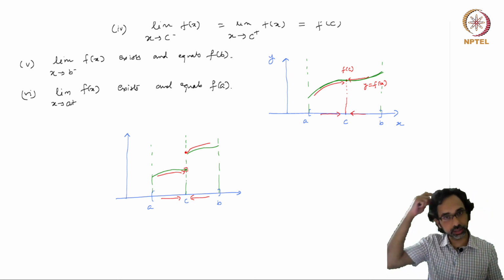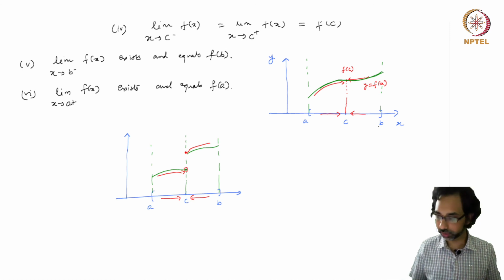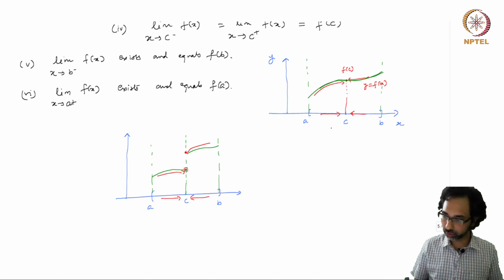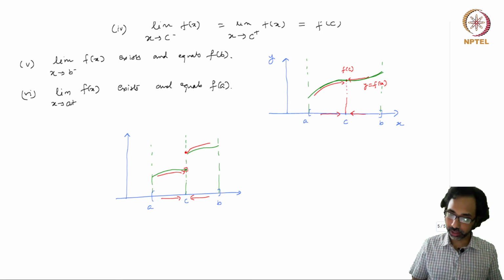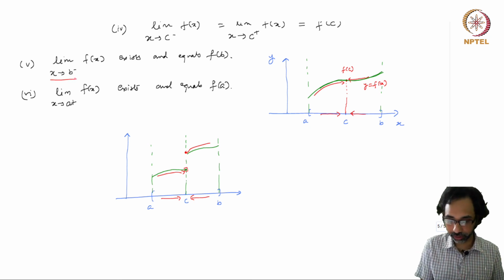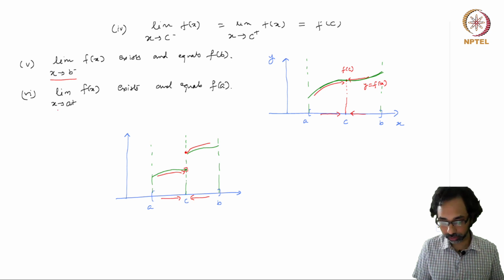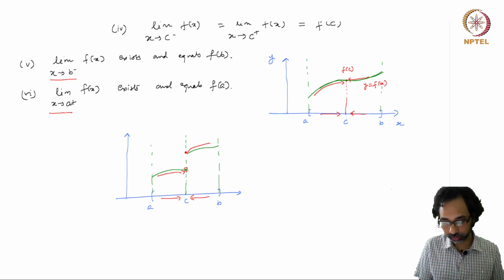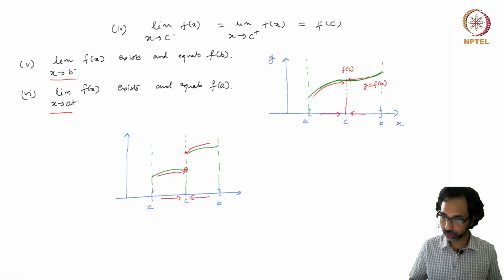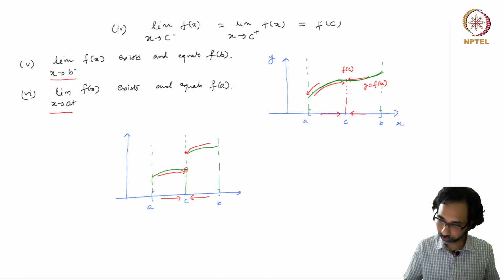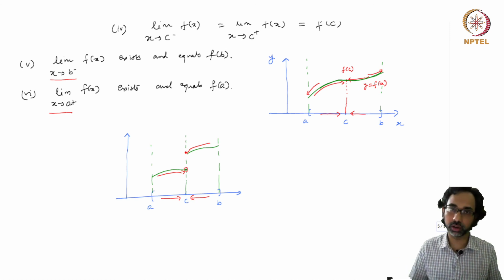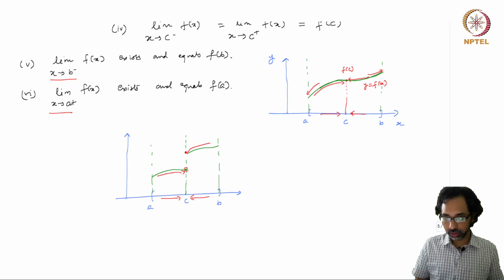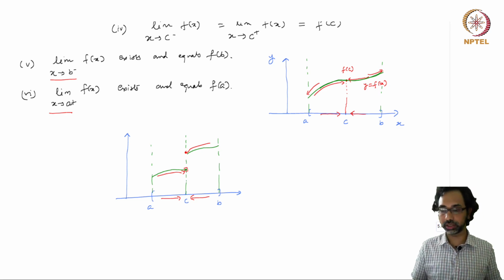So all these six conditions together make a continuous function on the interval [a, b]. Note that at the upper endpoint you are approaching from the left, and at the lower endpoint a you are approaching from the right. Wherever the function is defined, you can only approach from that side.